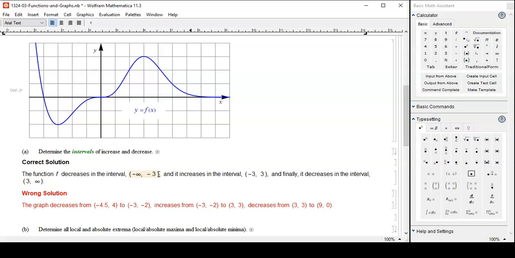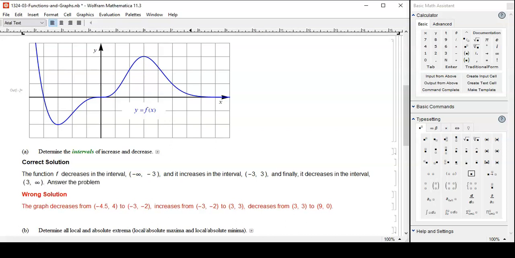So you must answer in terms of interval of x coordinates. Do not write the y coordinate. Everything must be written in terms of x coordinate as far as the intervals of increase and decrease are concerned.